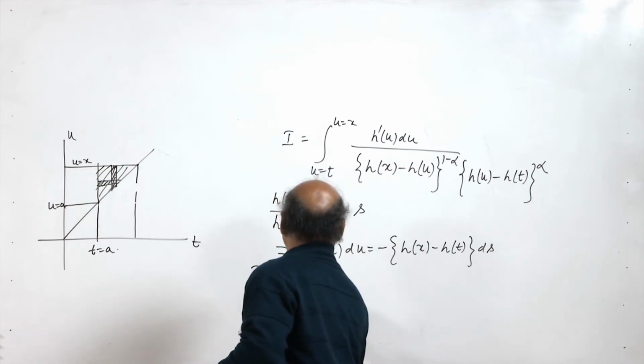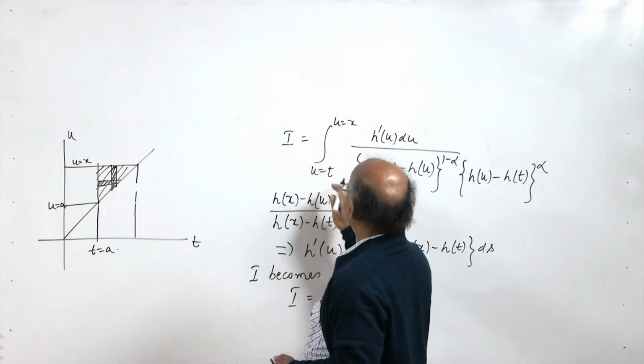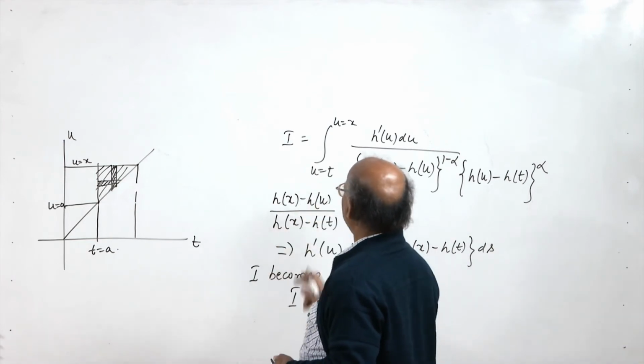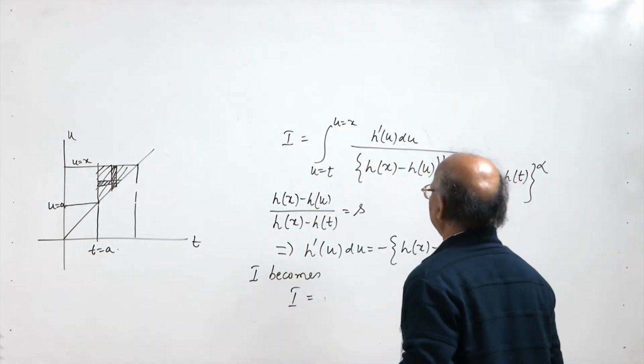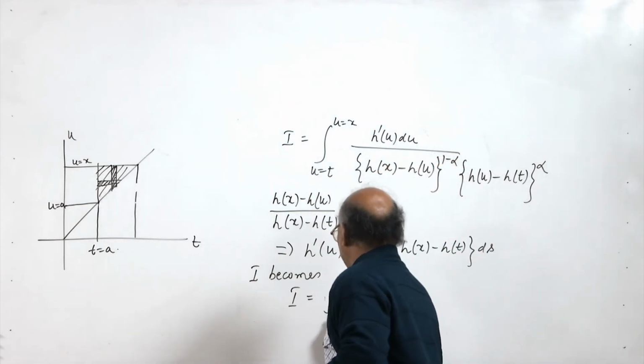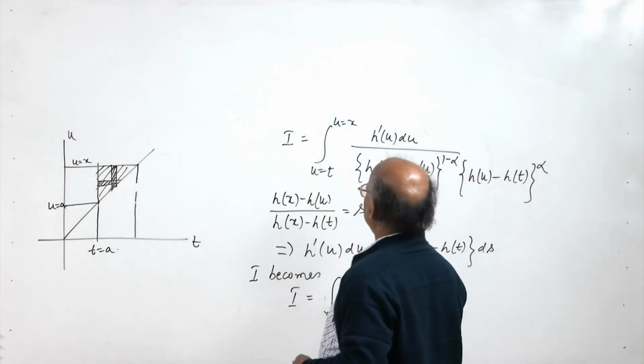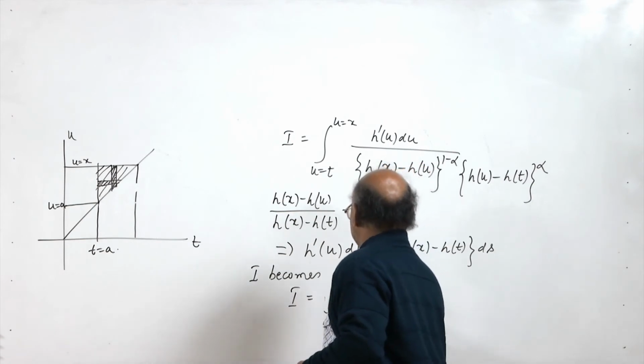I equal to, when u is equal to t, we will have (hx minus ht) divided by (hx minus ht). So, lower limit will be 1, and when u becomes equal to x, hx minus hx will give you 0.